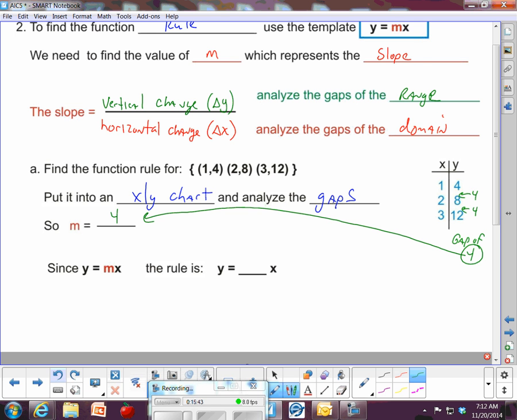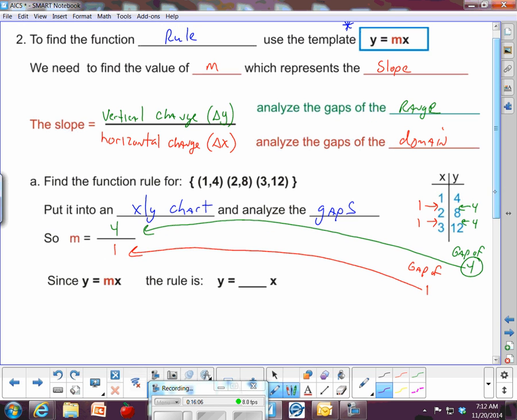Now let's analyze the gaps of the domain. Between a 1 and a 2, there's 1. Between a 2 and a 3, there's a 1. Again, we're going to have a consistent gap in the ones we're doing. Got a gap of 1. That goes in for the horizontal change. That's it. All right, so remember, look at the top right of your screen.